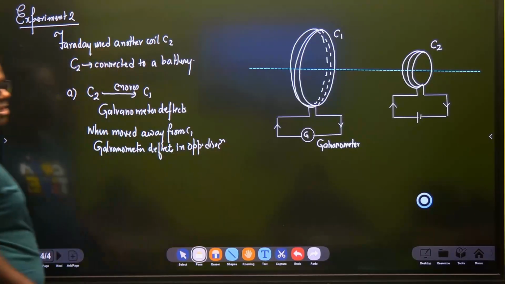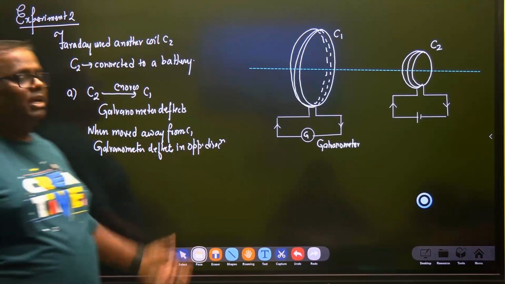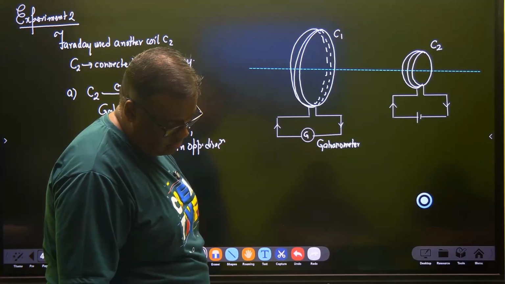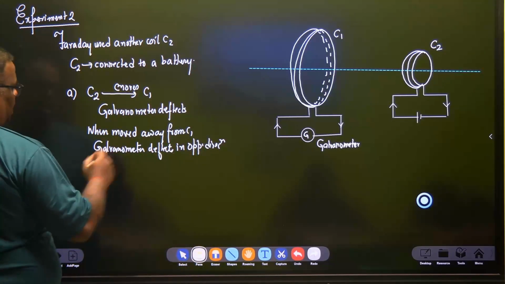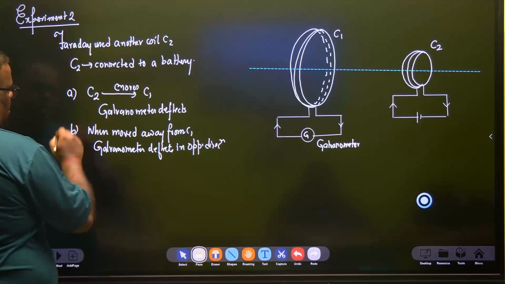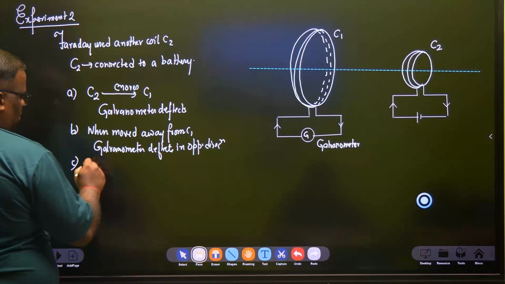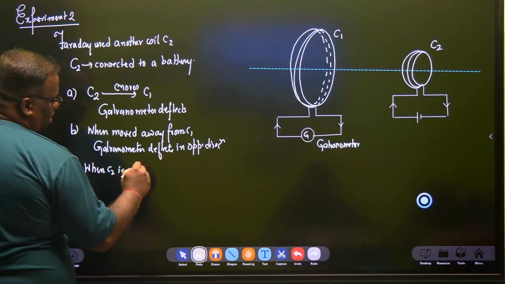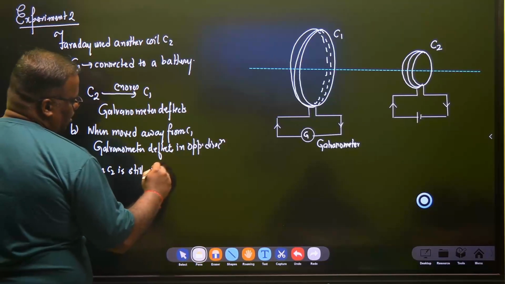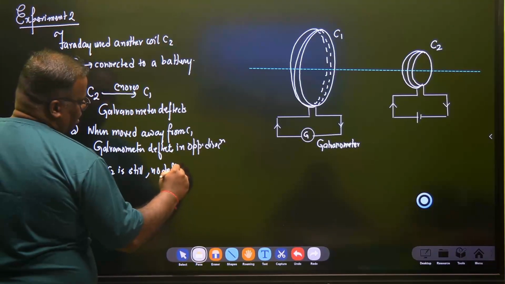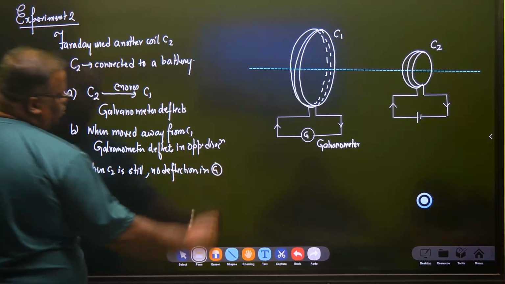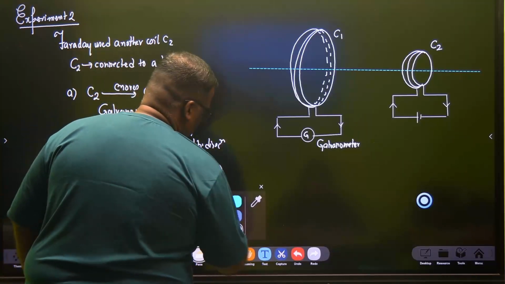Obviously, I don't expect any difference because instead of a magnet, I'm creating a human-made magnet. B and C, when C2 is still, you have no deflection in G. There is no deflection in G, right?